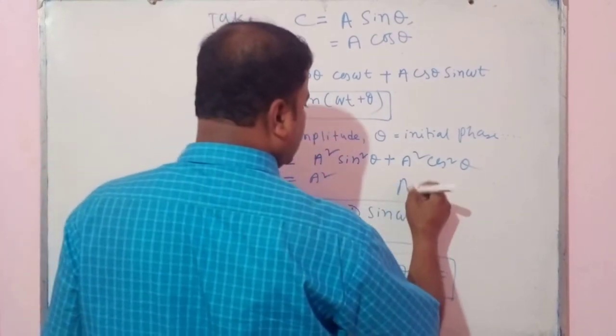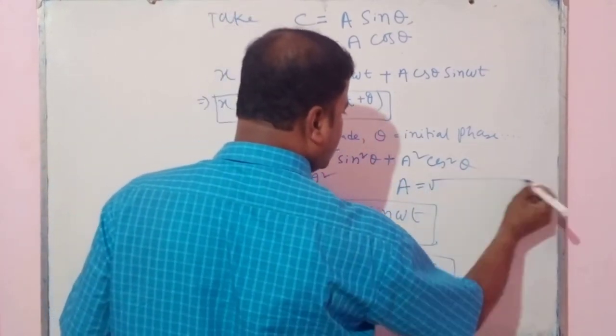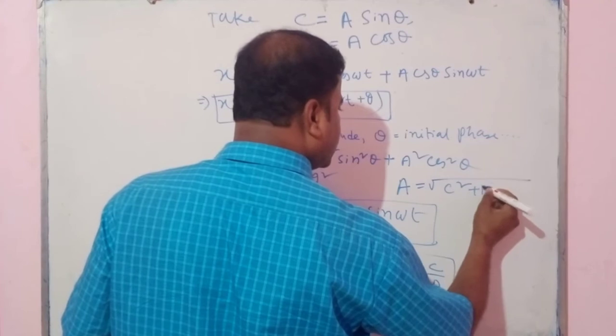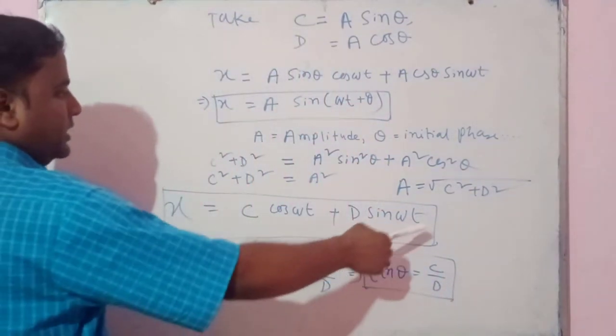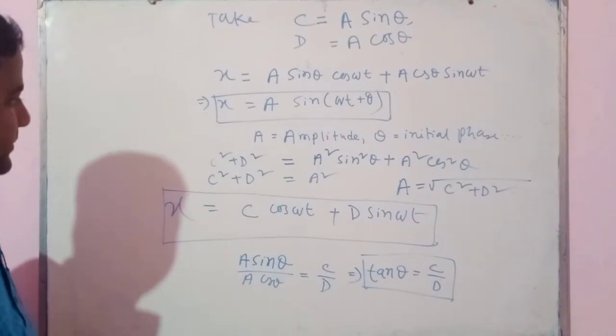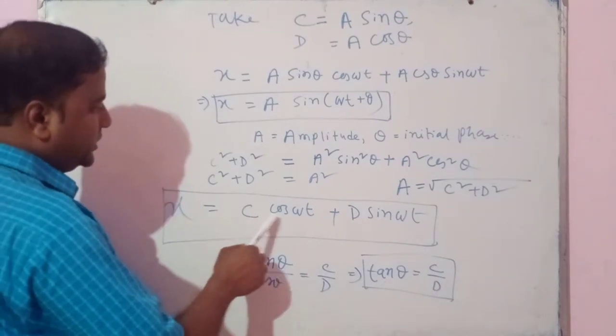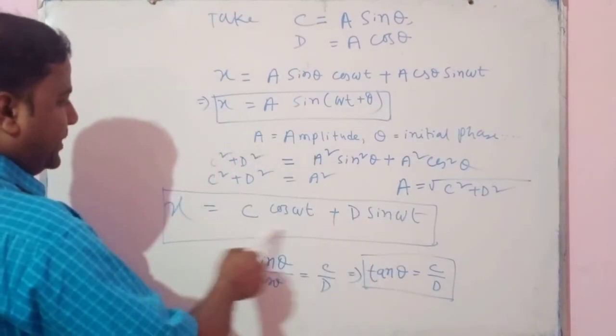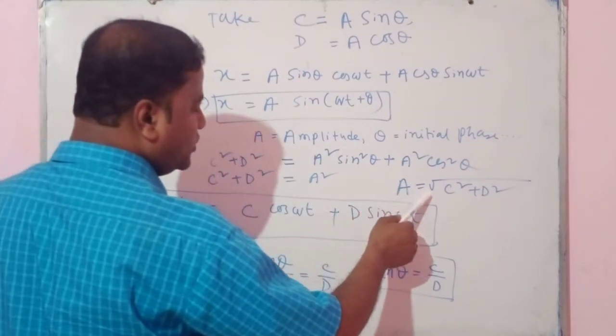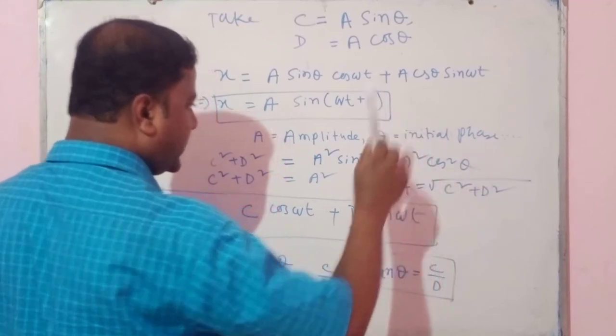Therefore we get the amplitude. If we have expression of displacement x equal to c cos omega t plus d sin omega t, then the amplitude will be A equal to under root c square plus d square.